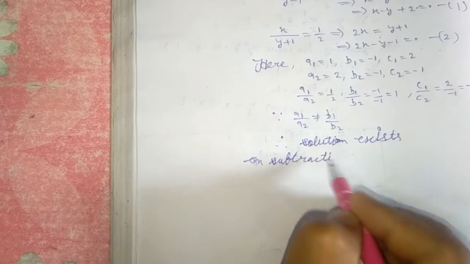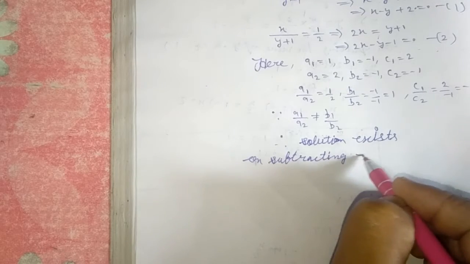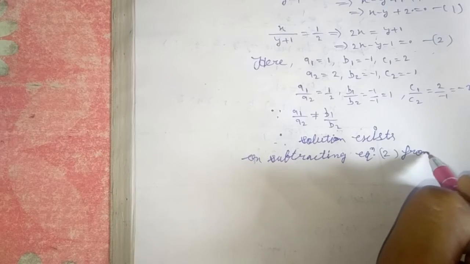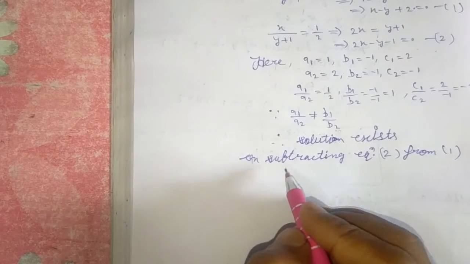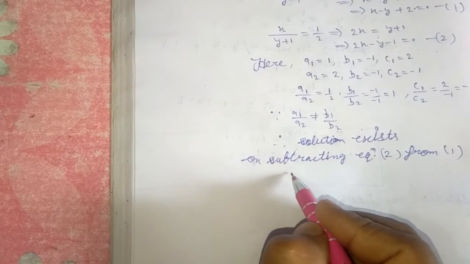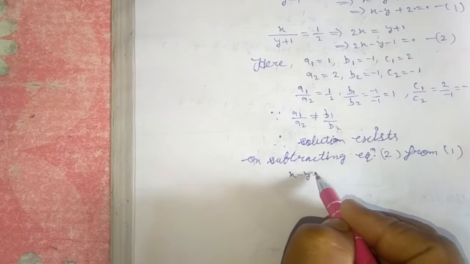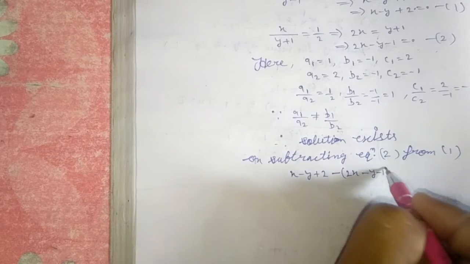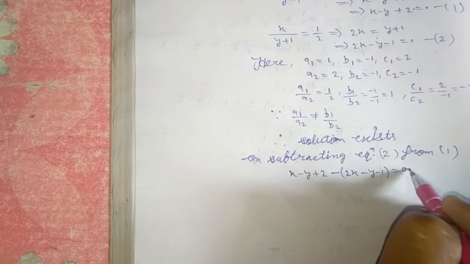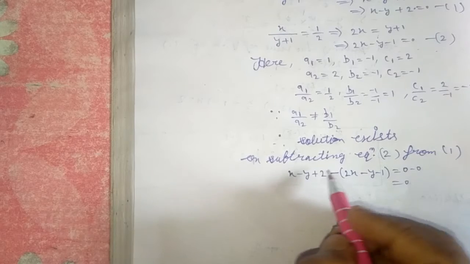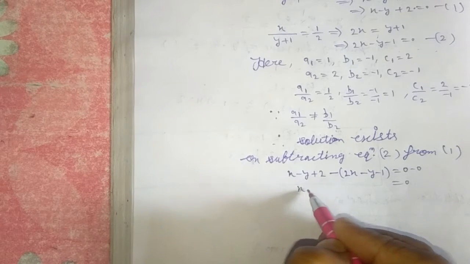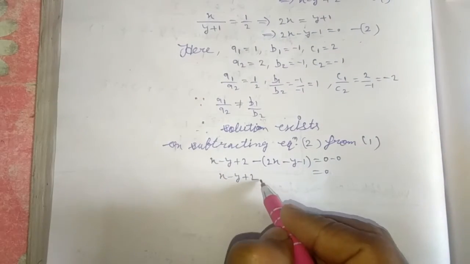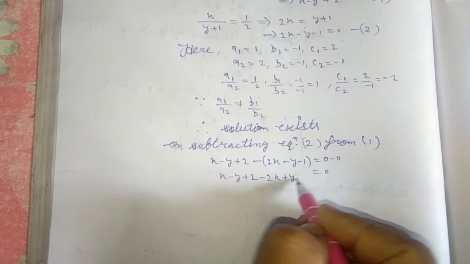Subtracting equation 2 from equation 1, we get x minus y plus 2 minus 2x plus y plus 1 equals 0.